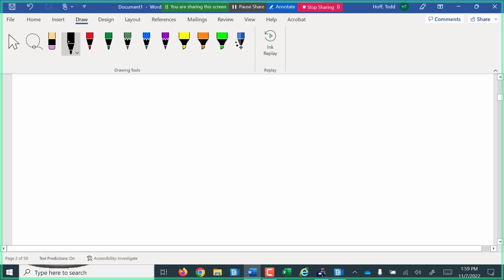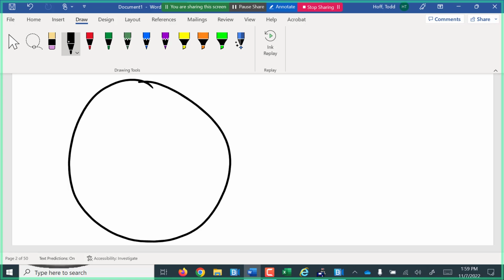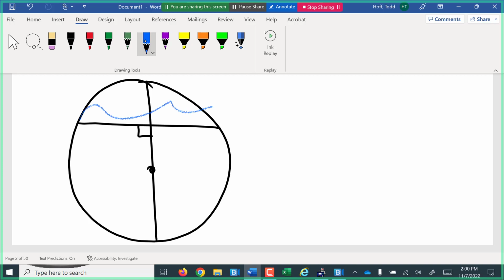So what that allows us to do then is look at a circle like this. Let's say this is the center of the circle, so we know that that's actually a diameter of a circle. If I know that this hits at a right angle, and if I am told that this whole length here of this chord is, well, let's call that 48 inches.